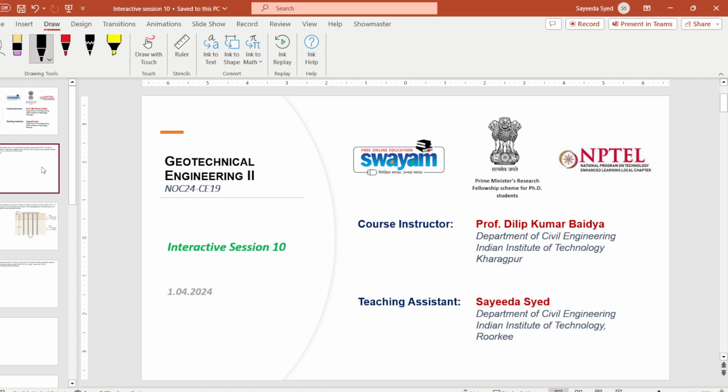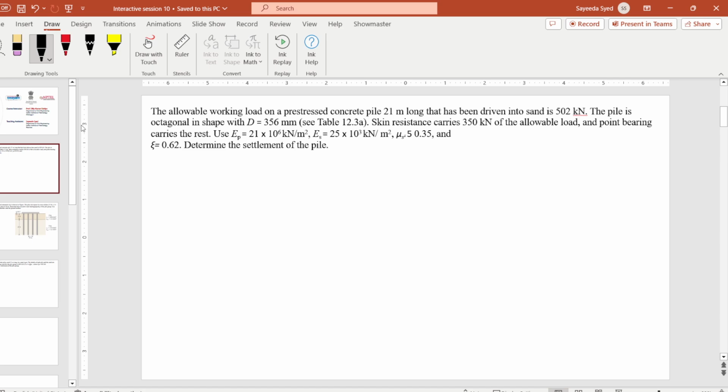The first question is for the settlement in pile foundation, because last week we did a question on pile capacity. Today we are going to do a question on the settlement in pile foundations.